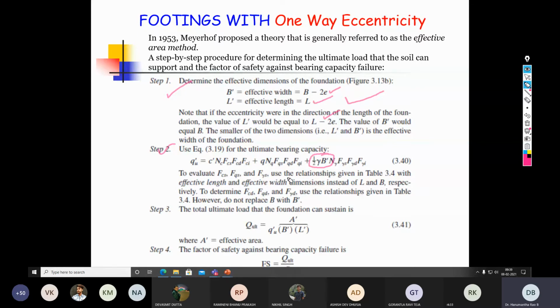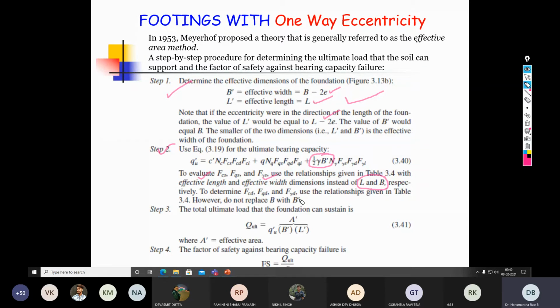Therefore, in calculation of all your shape factors, use the effective length and effective width dimensions instead of the original given dimensions, that is L and B. To determine Fcd, Fqd and F gamma d, use the relationships given in table 3.4. However, do not replace B with B dash.